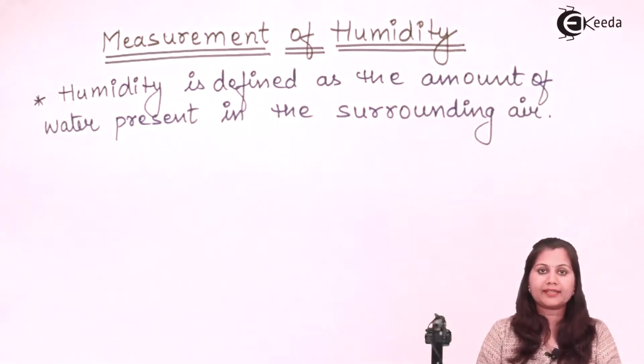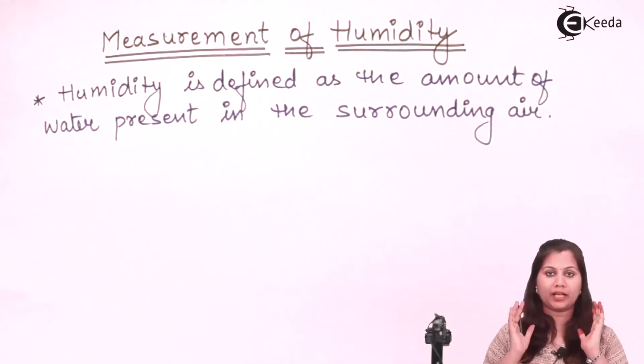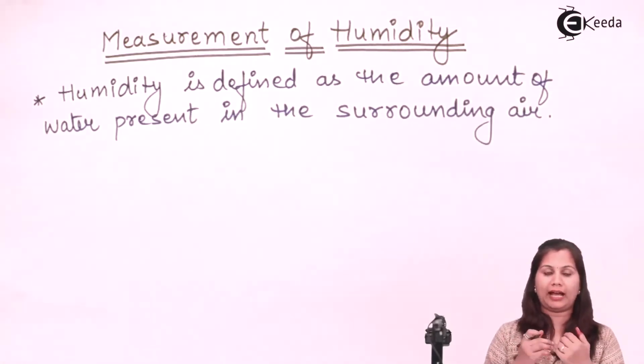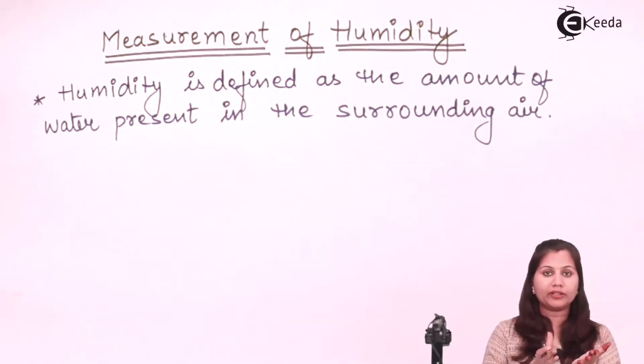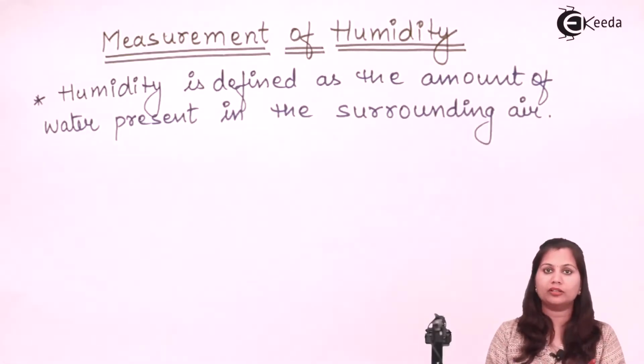So humidity is defined as the amount of water present in the surrounding air. In our surrounding environment, we have air which is a mixture of gases. In that air, how much amount of water is present, that is called the humidity.